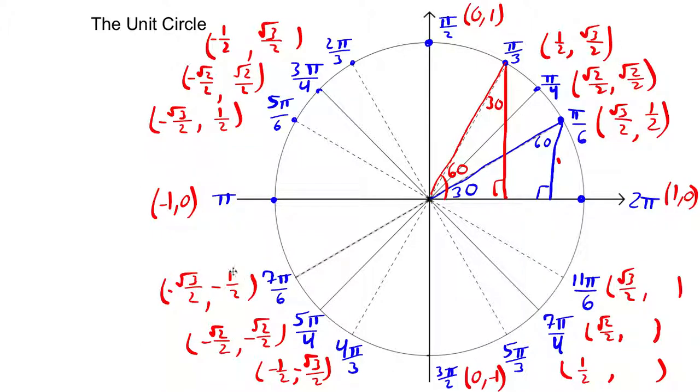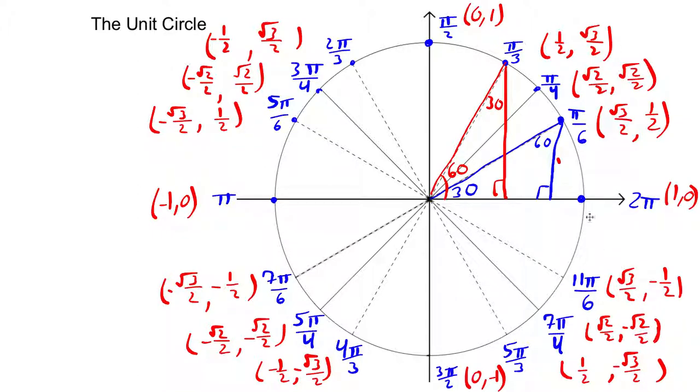The y values go 1, 2, 3. So now we are going to go 3, 2, 1. Now because we're in quadrant 4, the x values are positive again, but the y values are still negative. So these all get negative values.